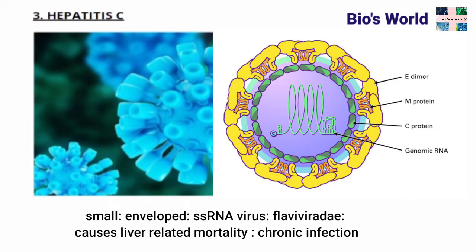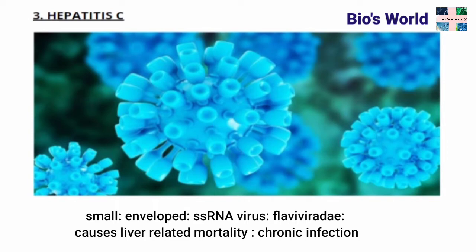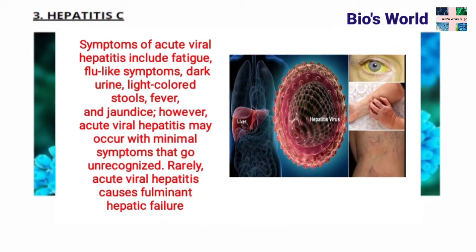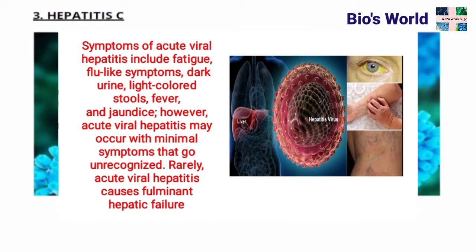During this phase, most people show no symptoms, but after that patients may complain of feeling very tired, sore muscles, joint pain, fever, nausea, stomach pain, itchy skin, dark urine, and also jaundice.